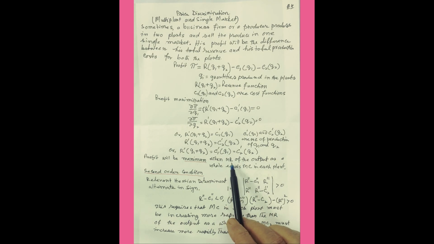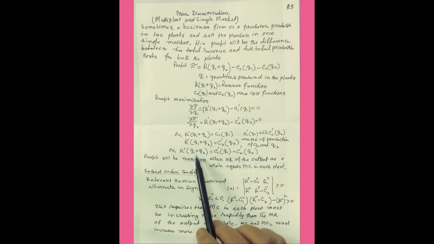So marginal revenue as a whole must be equal to the marginal cost in each plant.